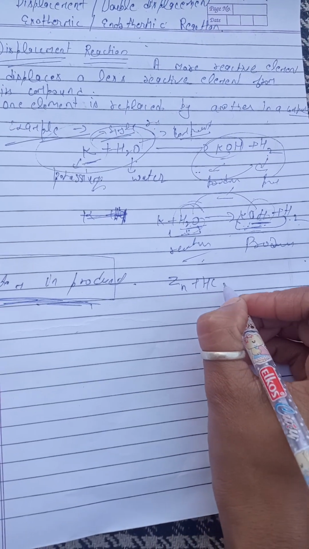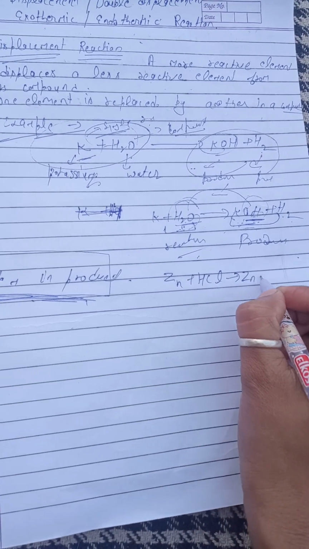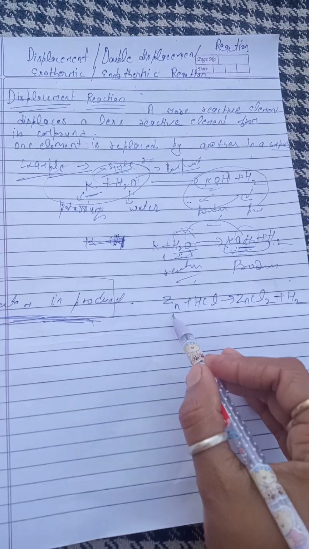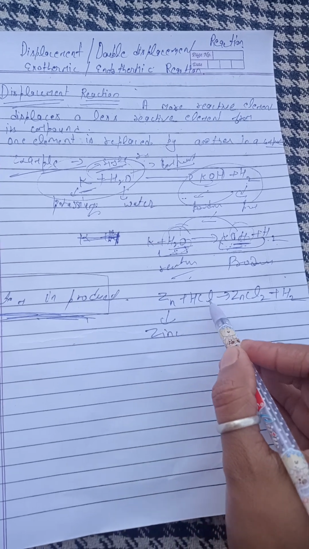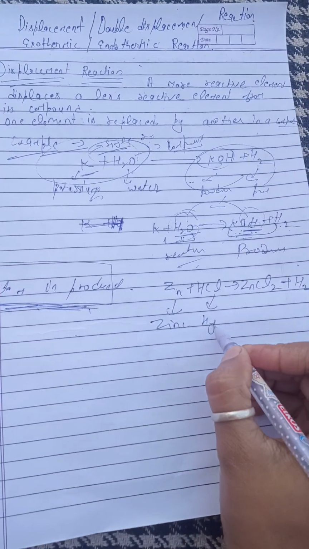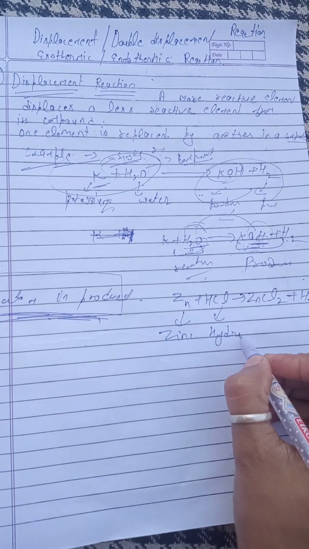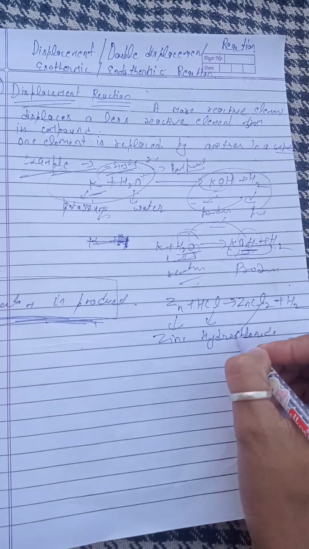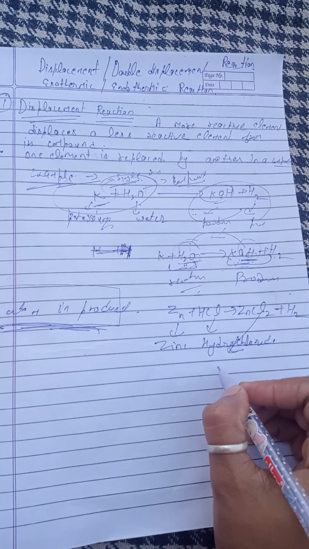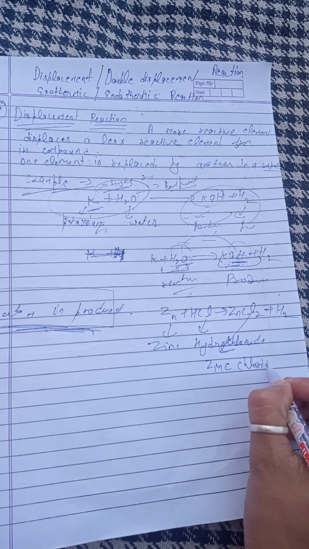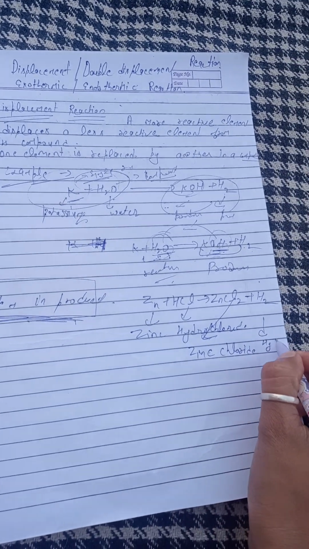Zn plus HCl is equal to ZnCl2 plus H2. Here Zn is the zinc and HCl is the hydrochloric acid. Then this gives the zinc chloride plus hydrogen.